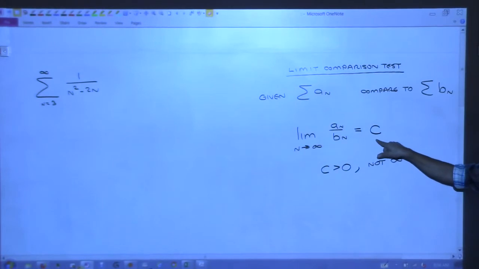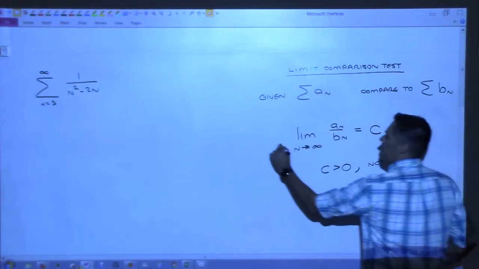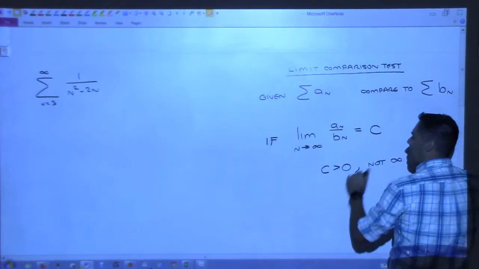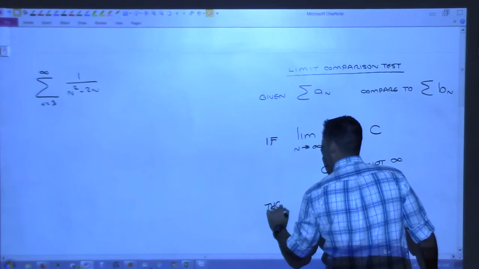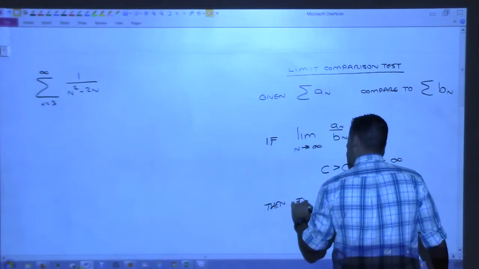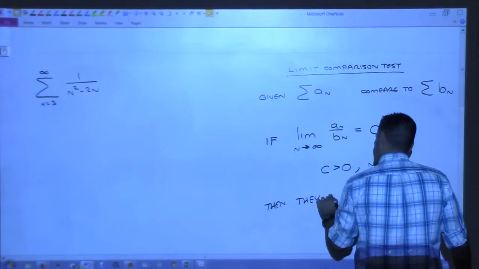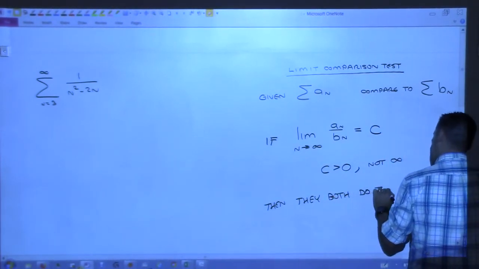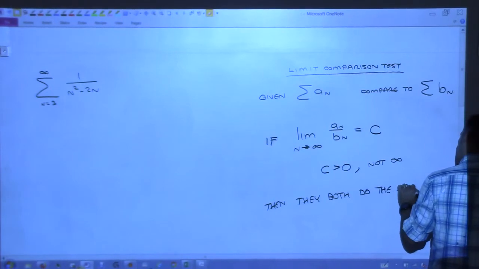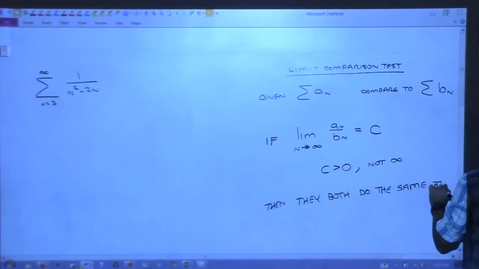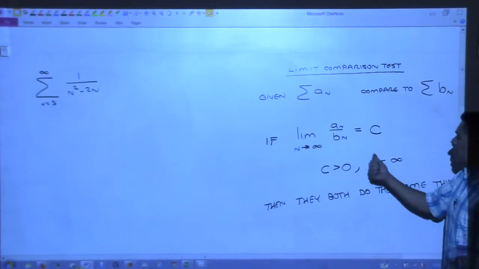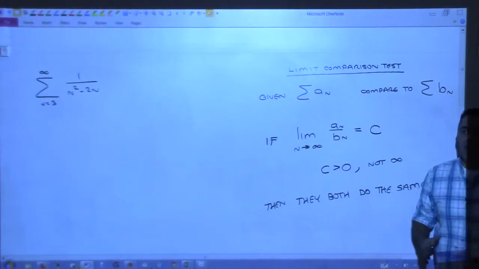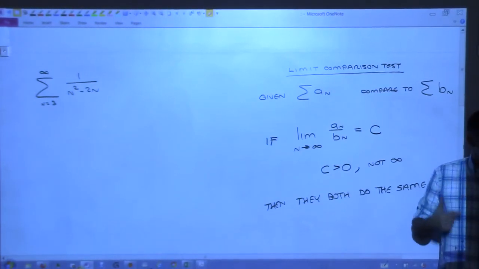If this happens, then they both do the same thing. What do I mean by that? They either both converge or they both diverge. This limit being a constant tells you that they behave the same way.